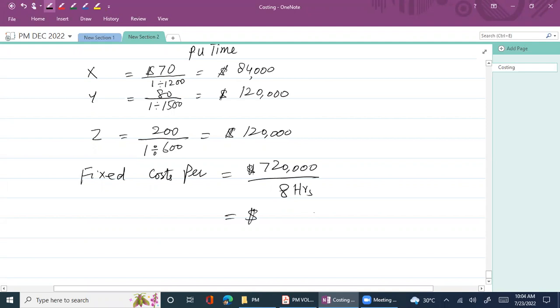So what will be the fixed cost per hour? I'm waiting for the answer. Fixed cost is 90,000. Okay.